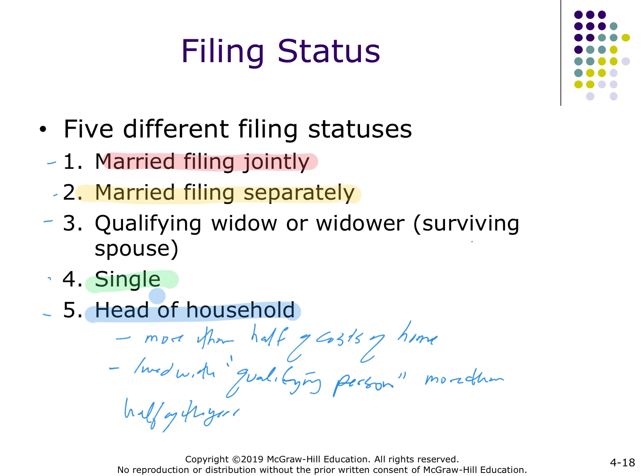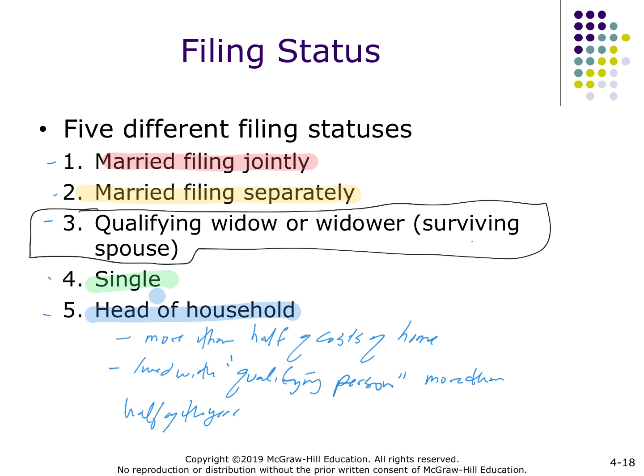Okay? Now, let's talk about qualifying widow or widower. All right? Or called surviving spouse. Let's talk about this one now. Okay? So this is available for 2 years following the year of the spouse's death. Okay? Provided the surviving spouse does not remarry during that 2-year period.